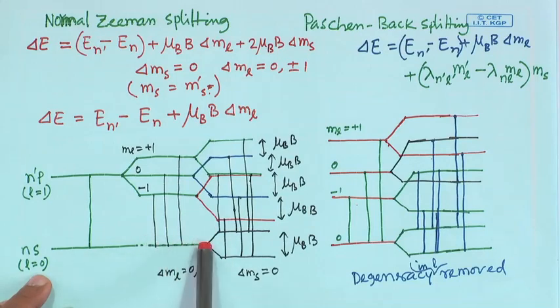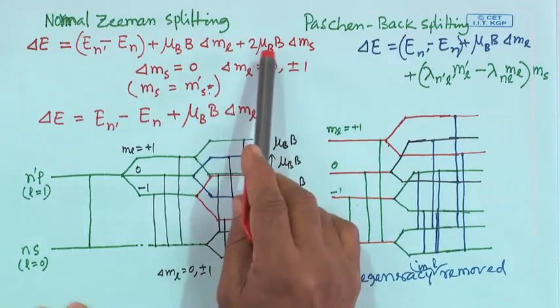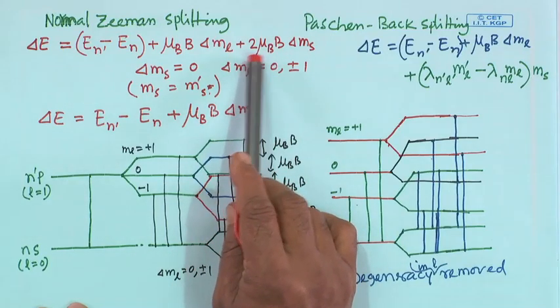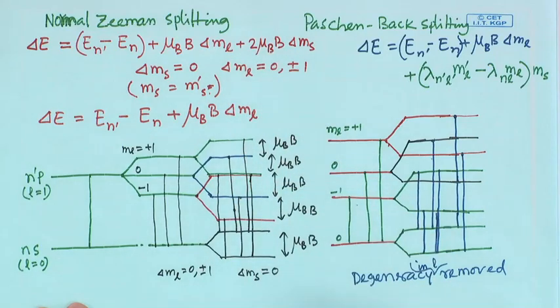So, that is for m_l equal to 0, and then due to the m_s term, 2 m_s times μB. That will give, for m_s equal to plus half and m_s equal to minus half, 2 m_s meaning plus 1 and minus 1.